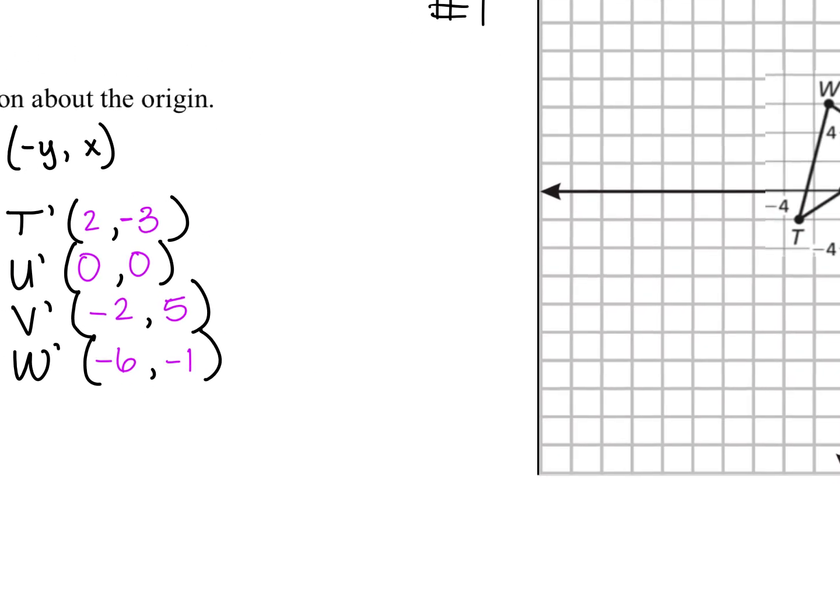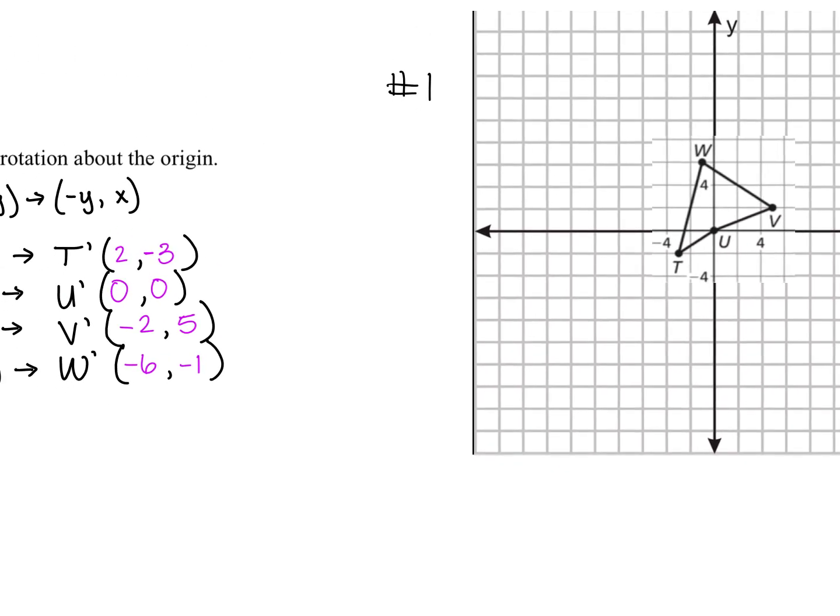So graphing it, I have the original graph here. Again, this one is going by 2s. So just graphing what I have. This is going to stay U. T is 2, -3. So I'm going to go +2, down 3, right here. T, and then I'm going to go ahead and do W, or we'll do V. I have -2, +5, 2, 4, 5, which is right here.